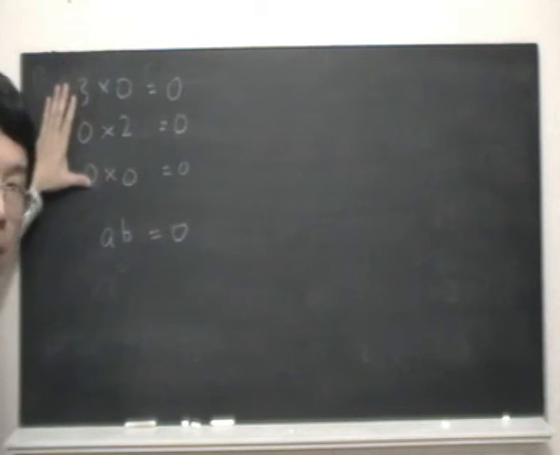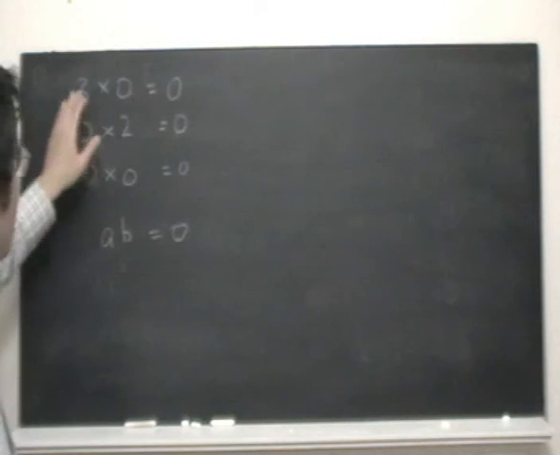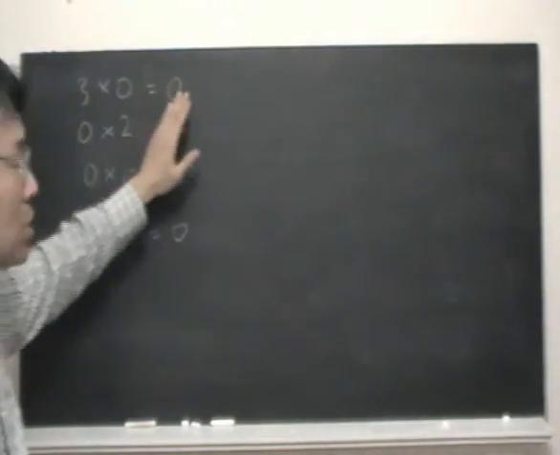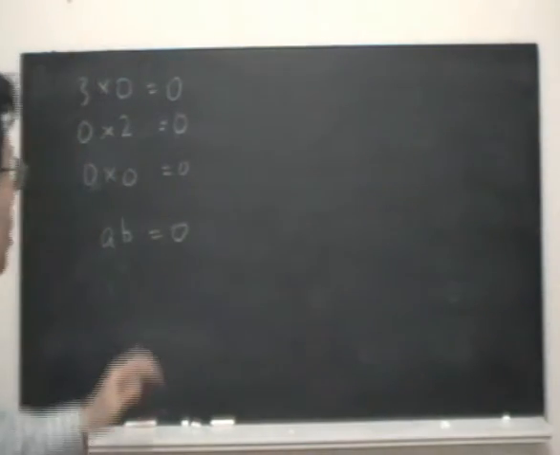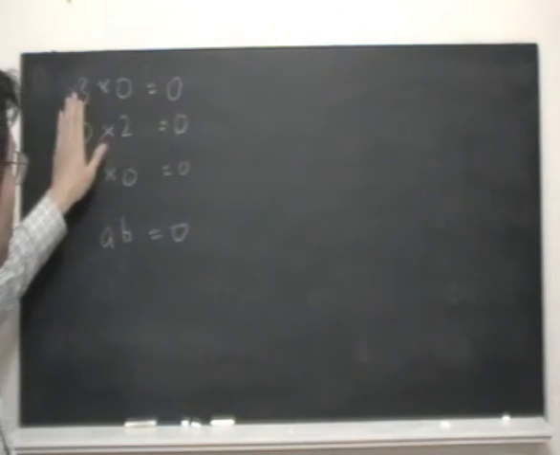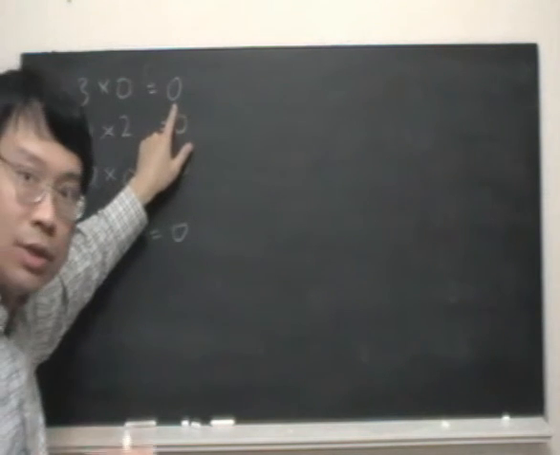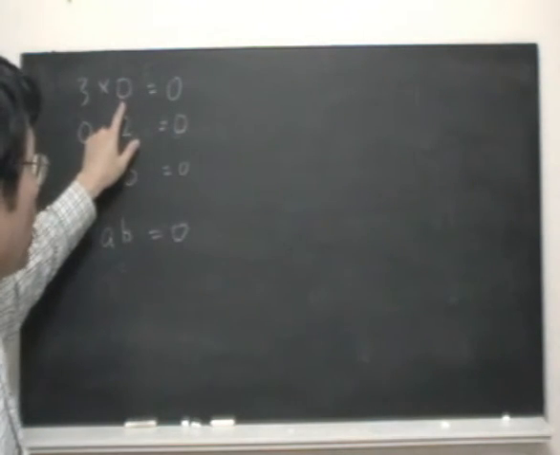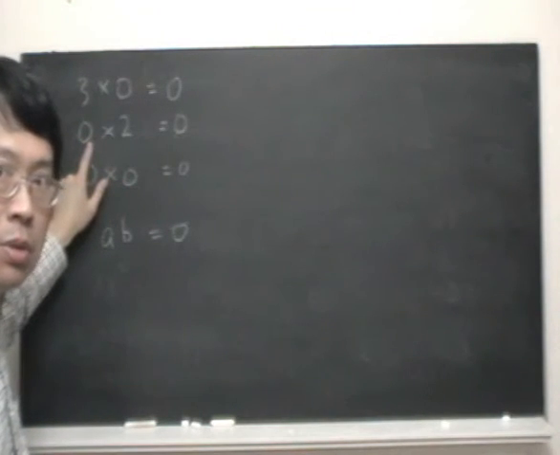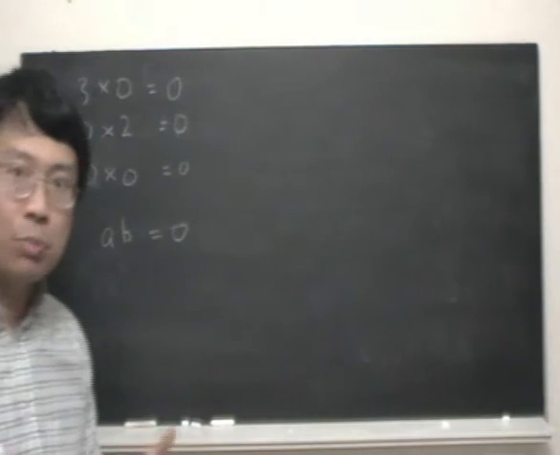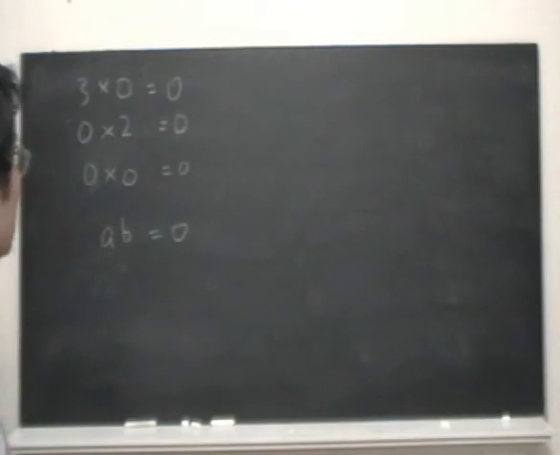From our exercise just now, we know that any number times 0 is 0. Now look at it another way. When you multiply two numbers, if the answer is 0, then one of those numbers has to be 0. That means you cannot multiply two numbers that are not 0 and get 0.